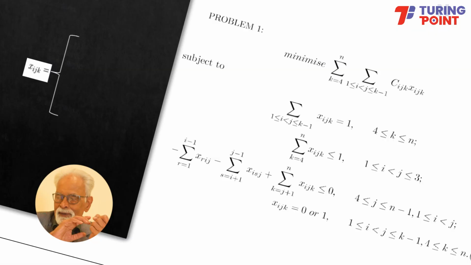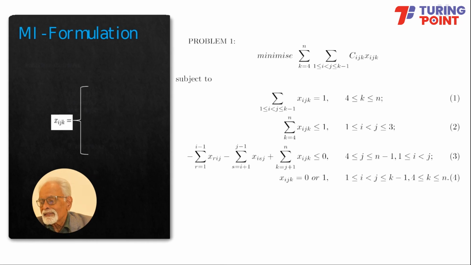So we can say that this sum, if it is 1 or more, then only any Xijk can take value 1. Otherwise it cannot. Because if this is 0, it means there is no ij, so how can you insert k in that? It's not possible. So this is what is explained there.